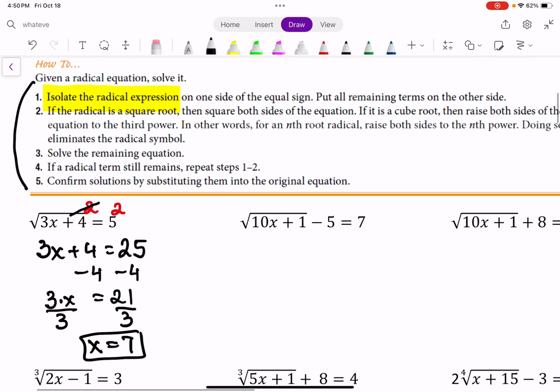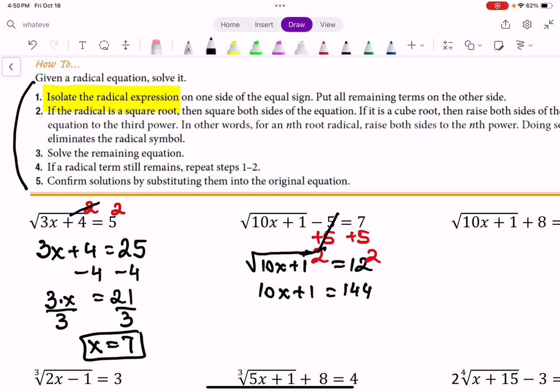We'll do the same thing, but again, remember, first thing you want to do is isolate the radical. You do not square yet. So we'll get that the square root of 10x plus 1 is equal to 12. And now that the square root is by itself, we're going to square both sides. So again, the square is there to take away the square root symbol.